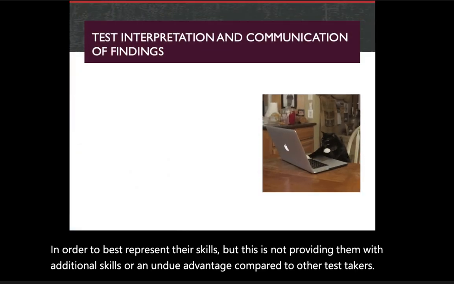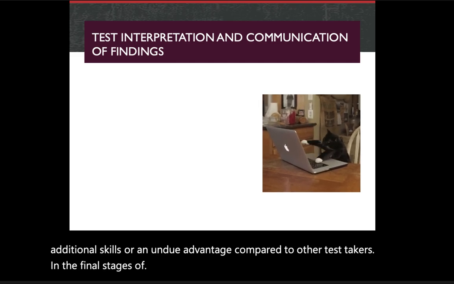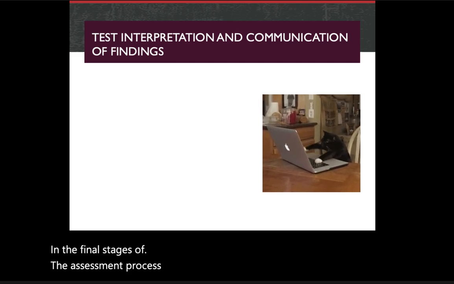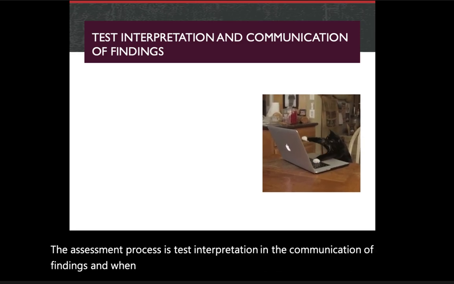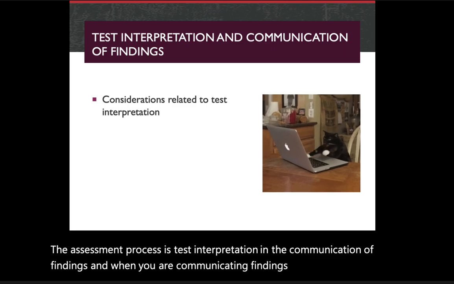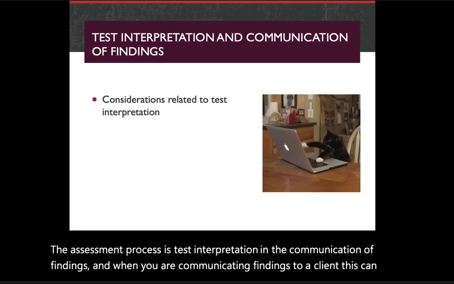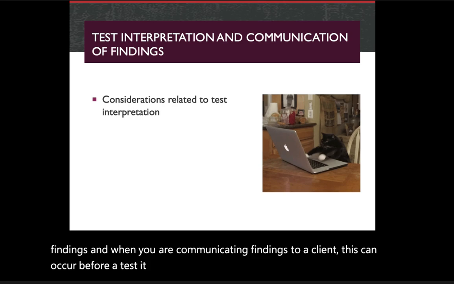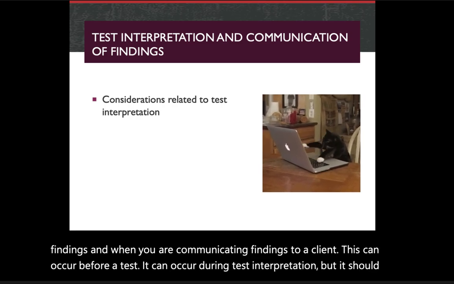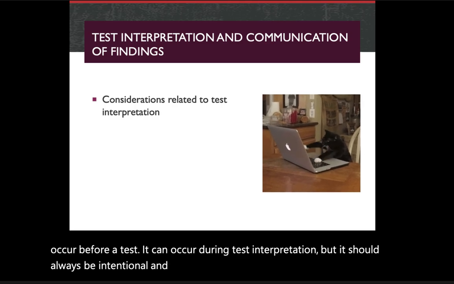In the final stages of the assessment process is test interpretation and the communication of findings. And when you are communicating findings to a client, this can occur before a test, it can occur during test interpretation, but it should always be intentional and an integral part of the counseling process itself.